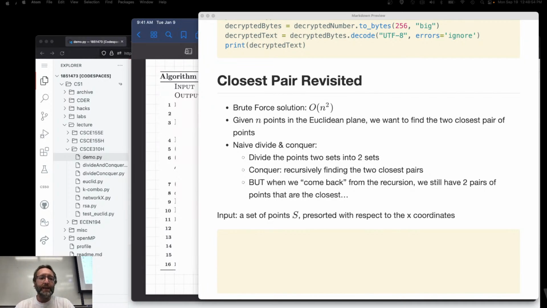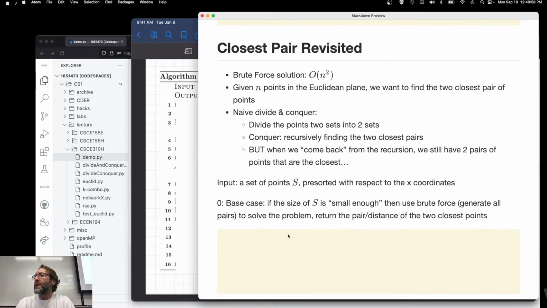What about my base case? What should the base case be here? If the size of S is small enough, then use brute force, generate all pairs to solve the problem. Return the pair distance with the 2 closest points. Why didn't I go all the way down to 2? You could, right?